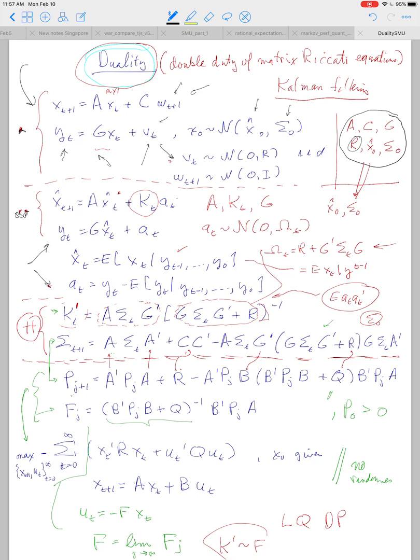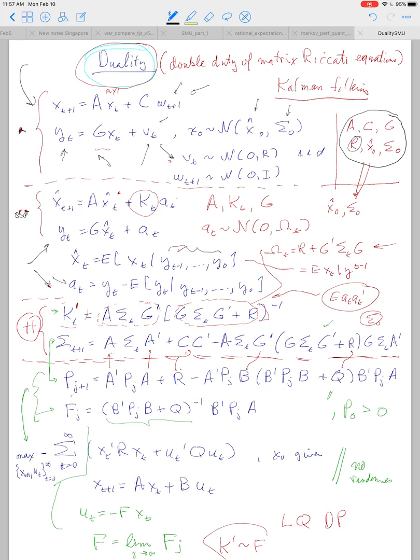It's the part of Y that can't be explained by a linear projection of Y on past Y's. So stare at this.